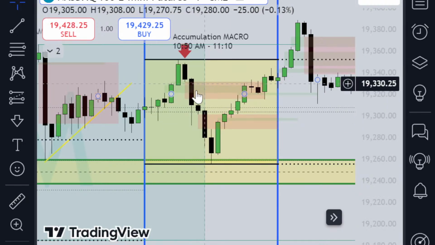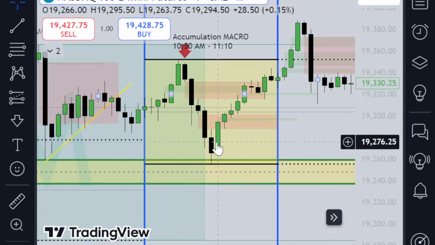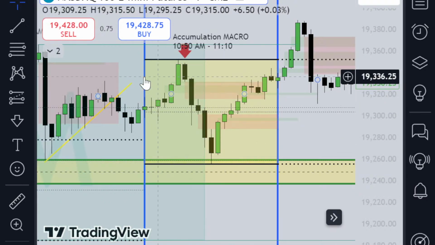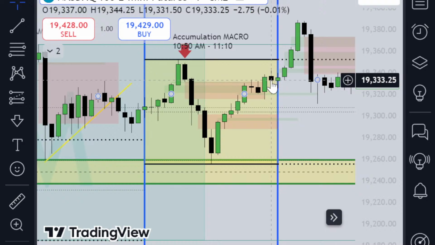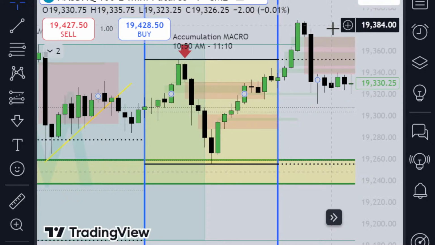I'm not looking to trade in here unless I get something like this and this. If I'm going to take a trade, maybe here off this gap. But let's say we don't know about the gap and we just know about the macro. What I'm going to look for now when it breaks out of it, are we going to use something from inside the window, or are we just going to sweep the top of the window?